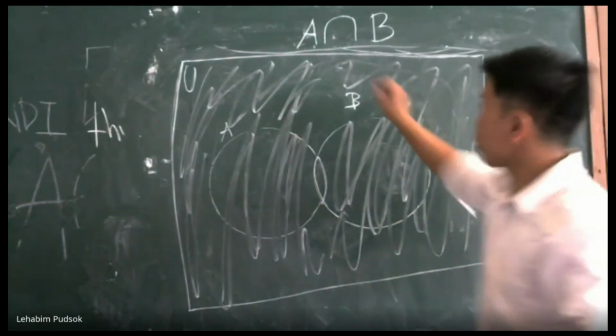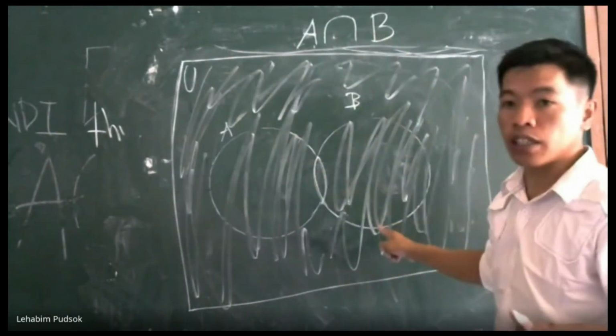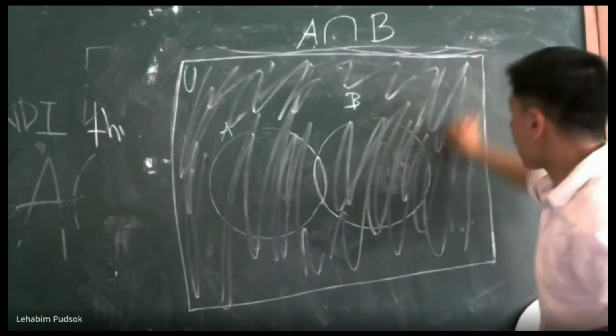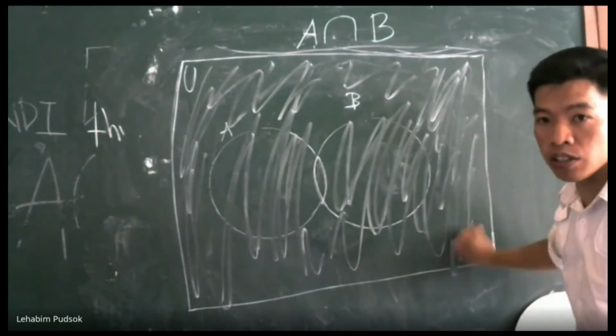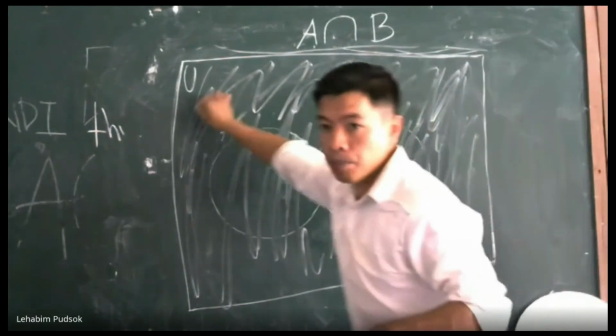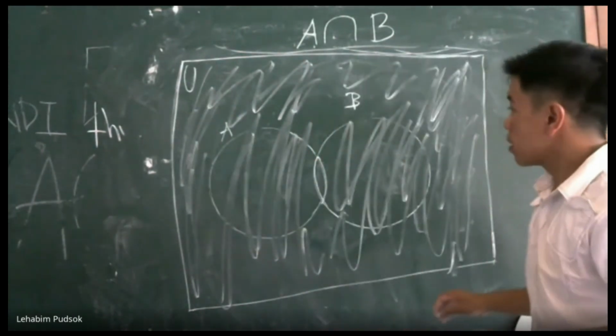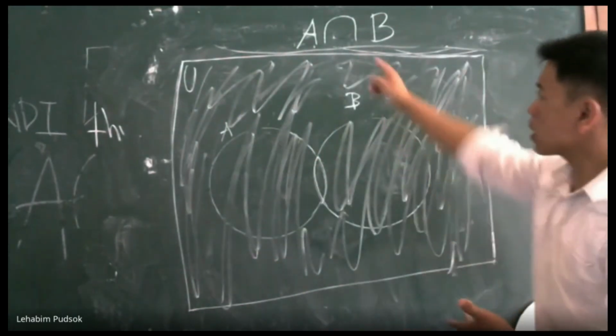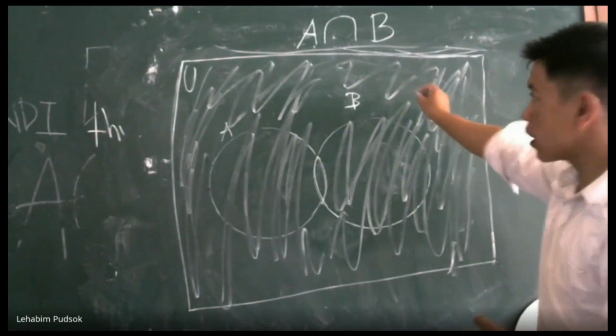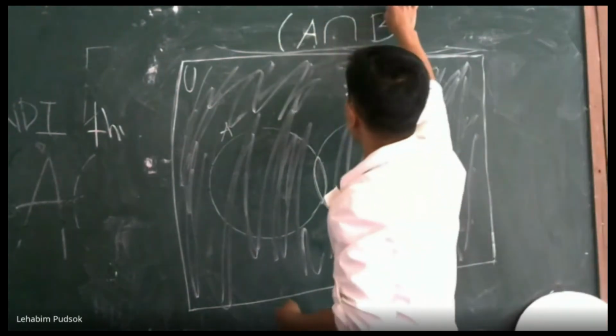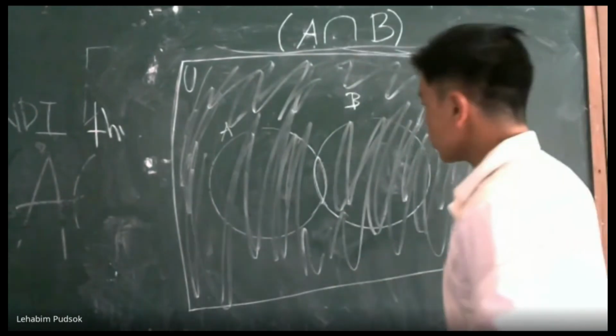We cannot say that A intersects B only, because the shaded part also has meaning in this diagram. So how come that is not yet complete? Now, we go to complement.